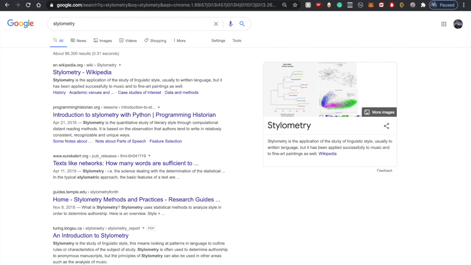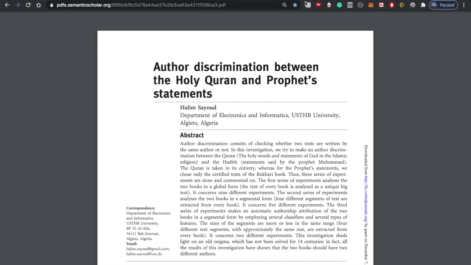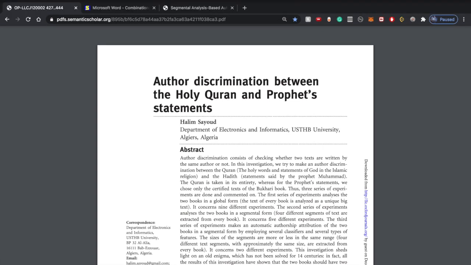What is stylometry? It's basically a science where linguistic analyses are done of different works to determine authorship. So it's pretty popular. For example, it's used a lot to determine the authorship of medieval works.